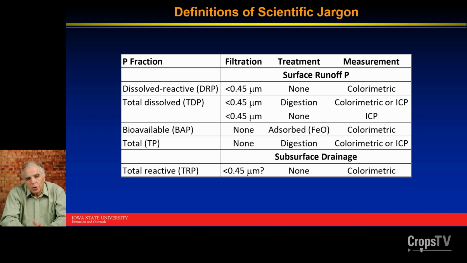So then they use the colorimetric method, the Murphy and Riley, directly without filtering first. And who knows what that measures, because there could be some forms there, the phosphorus that is being measured, but it's kind of confusing. So I will be talking mostly about the ERP, total dissolved P, or total P, okay?